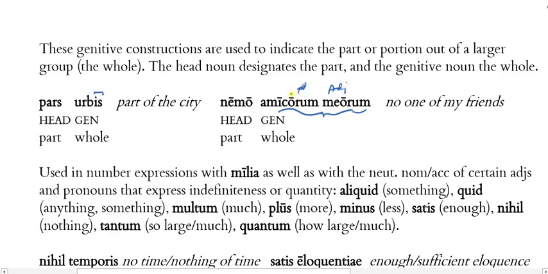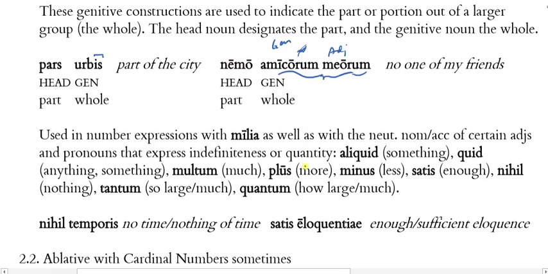Okay, but it is genitive, and so no one is the part, and the whole group is my friends. So no one out of the whole set of people known as my friends. So no one of my friends. So the genitive expression indicates the whole out of which the head no one comes.